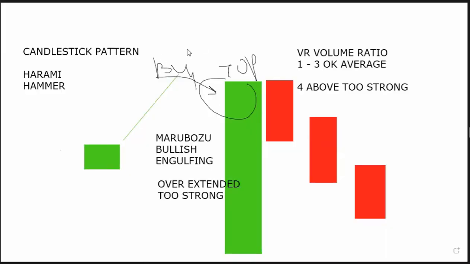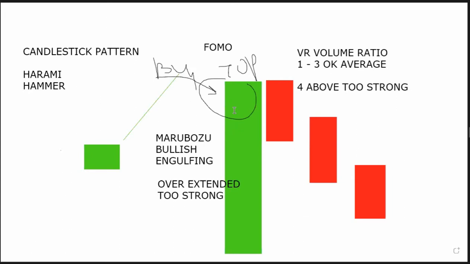You will create this FOMO feeling, fear of missing out. People buy in this candle and then it keeps moving up and limit up, and you wonder why you are not inside. You see how bullish this candle is and you feel it emotionally.